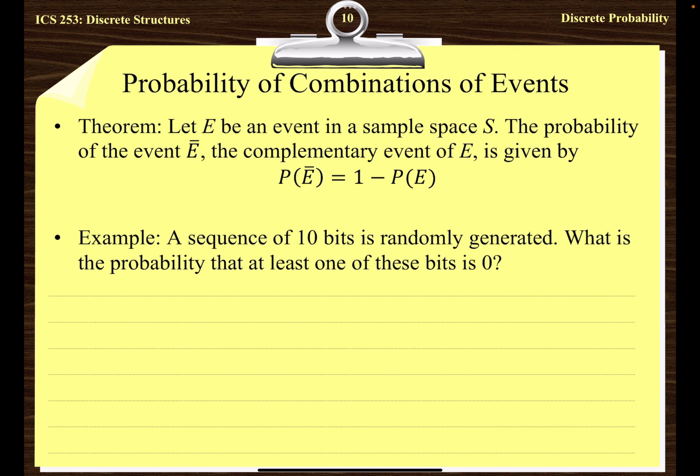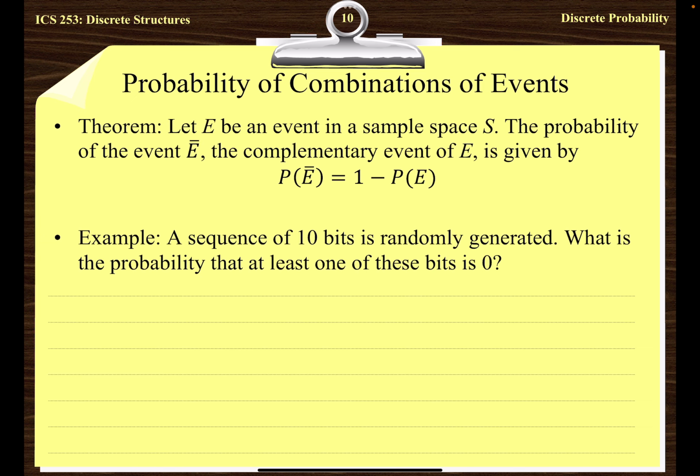I need more details. So basically, it's at least one of these bits is 0. This includes those that have 1 zero, 2 zeros, 3 zeros, 4 zeros until 10 zeros.